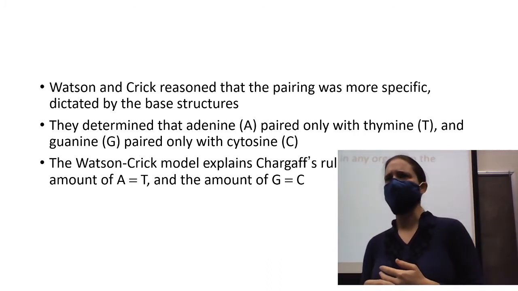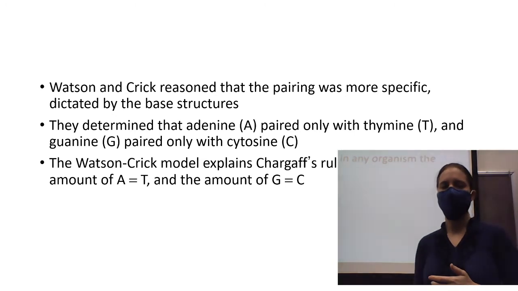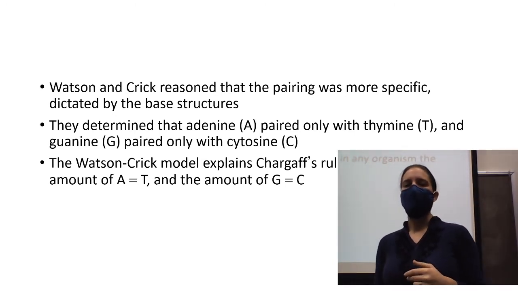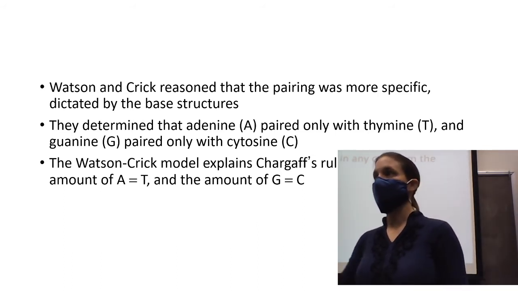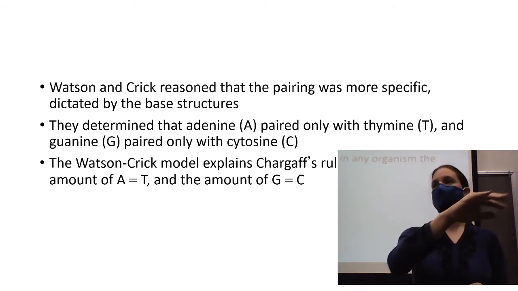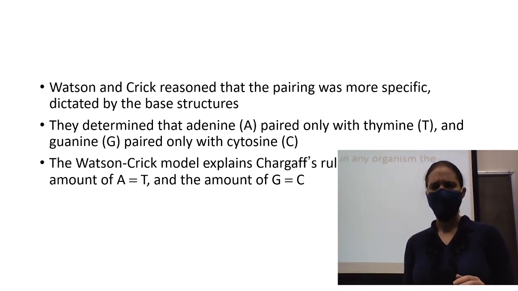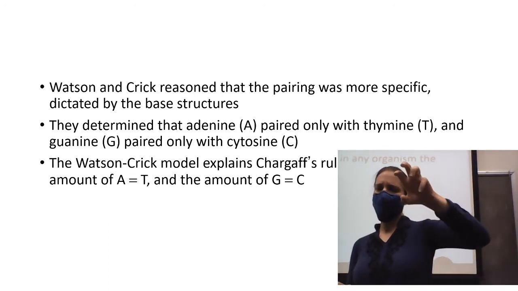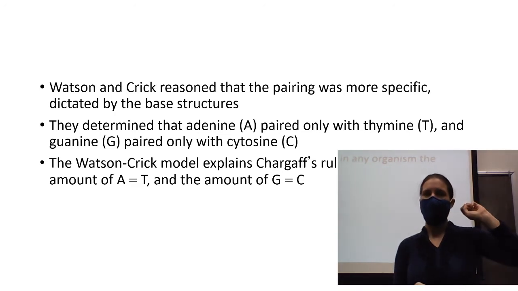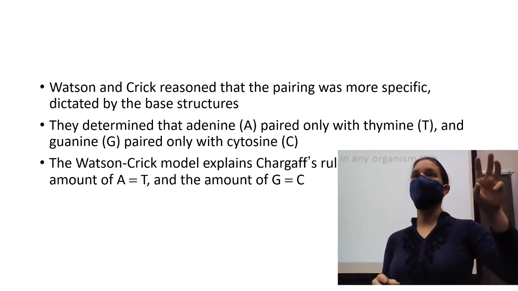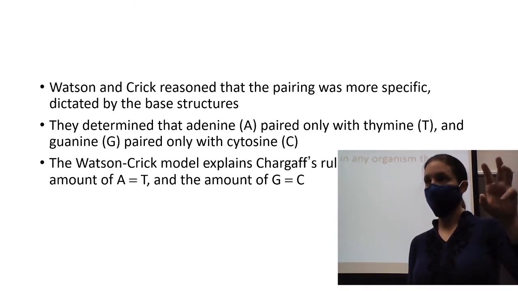And this actually explains something that an earlier scientist called Chargaff had figured out. He figured out that in whatever organism you're in, slime mold, sponges, broccoli, people, if you know the amount of the A nucleotides, you know the amount of the T nucleotides, right?